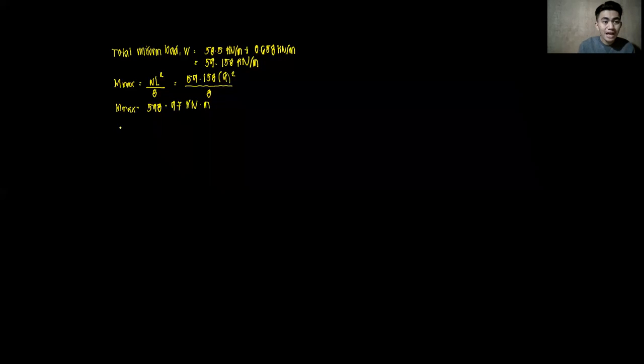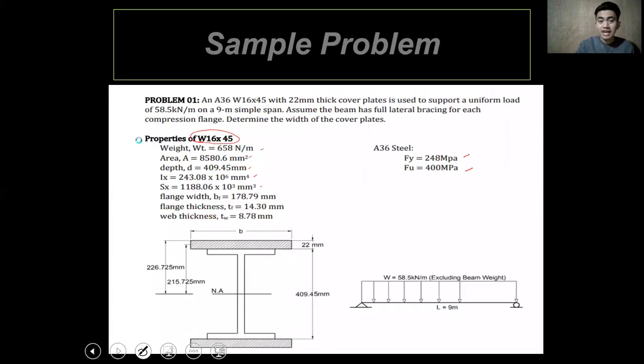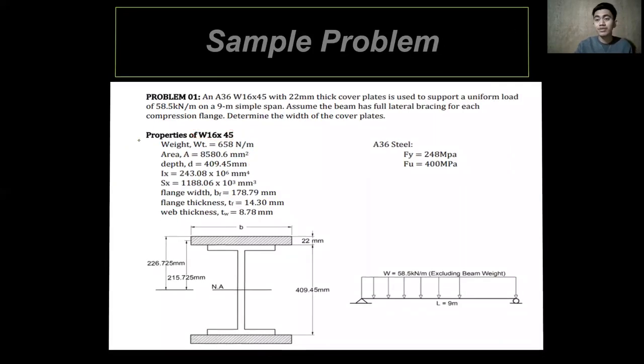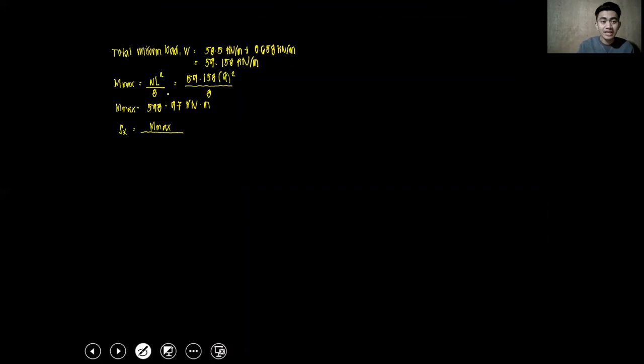So we will have this equation: Sx, the section modulus of the whole section, is equal to M max divided by, going back to the problem, the second statement says the beam has full lateral bracing for each compression flange. So I will write here Fb. What is the value for Fb?